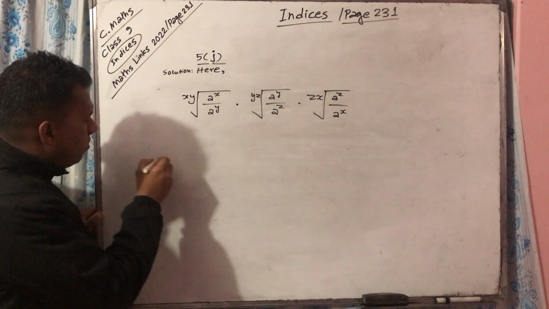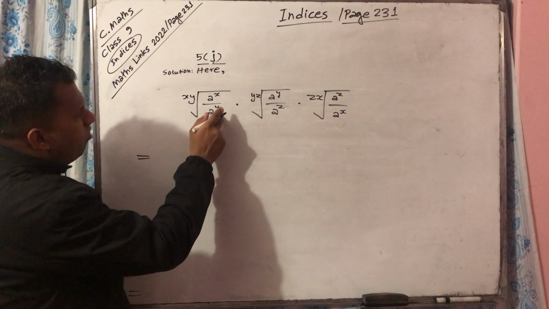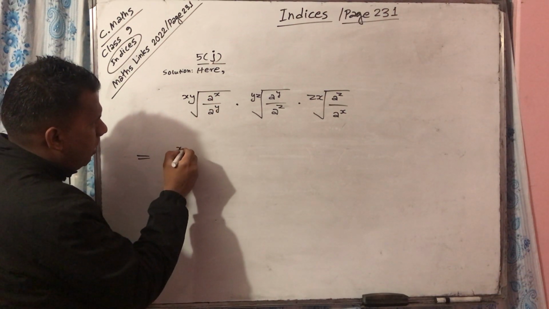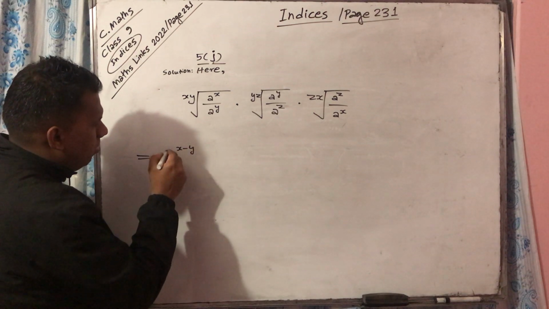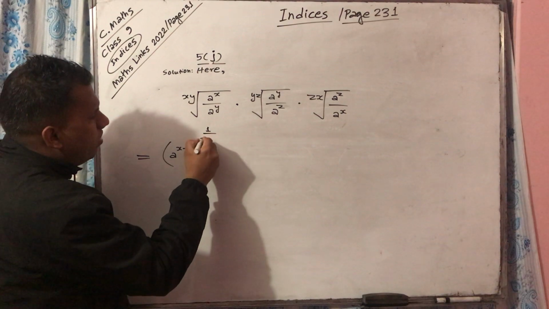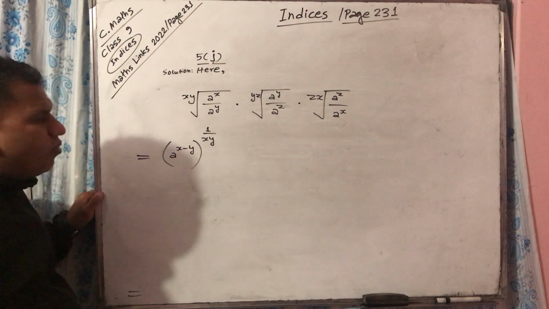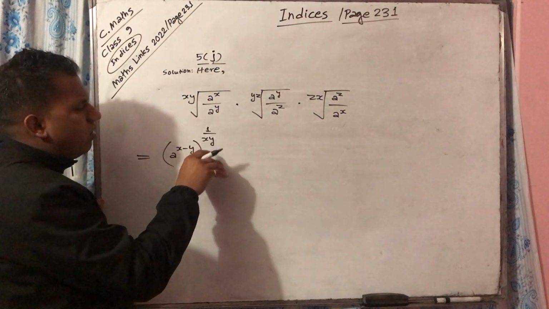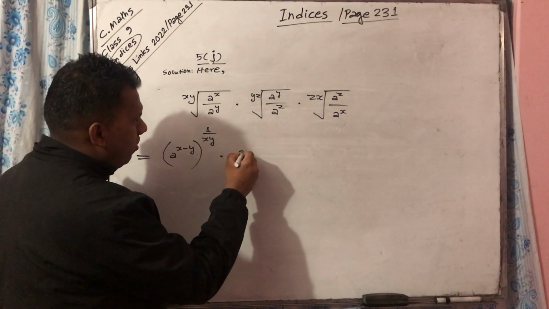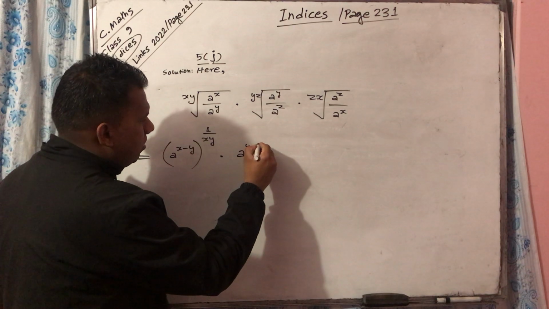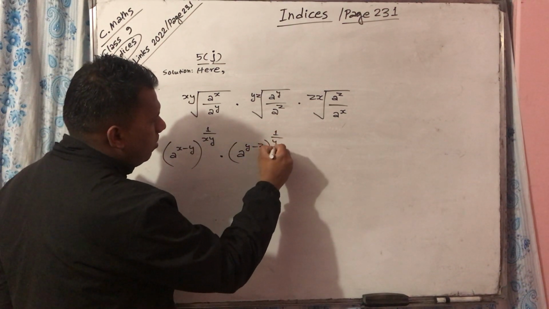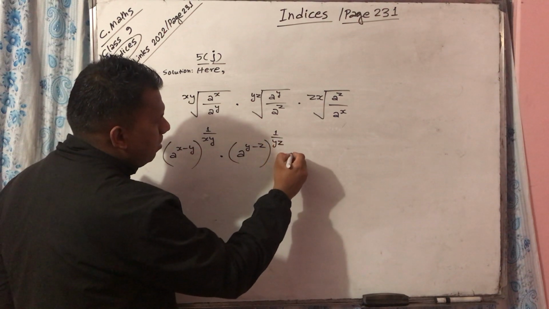Now this equal to this, downside power moving up, a to the power x minus y. Its whole power is 1 upon xy. Removing the root, this order becomes as denominator. Multiply with, in second, a to the power y minus z, whole power is 1 upon yz.